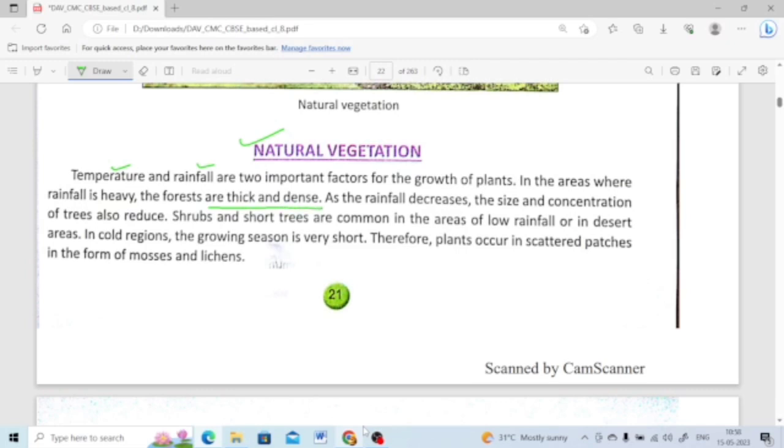As the rainfall decreases towards higher altitude, you will find the emergence of vegetation also kept on decreasing. Okay, now you will ask me, ma'am, why are you drawing the latitudes?